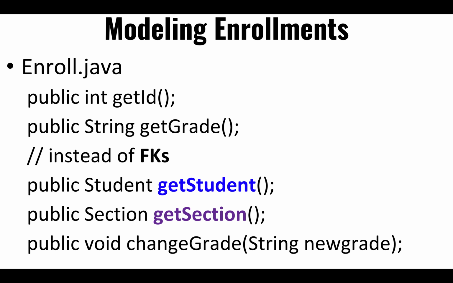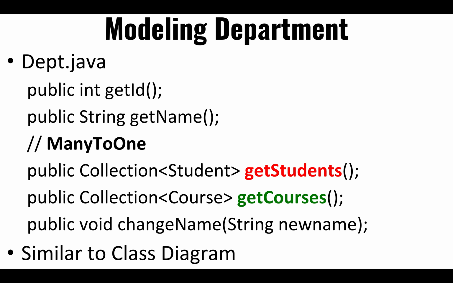It's only an artifact used in relational databases to maintain relationships between records. Even the get ID here as part of the model, it's somewhat questionable that we even need it, especially if we know that students and sections and those relationships together make it unique, or this department ID is also somewhat suspect. Perhaps the name is uniquely identifiable.